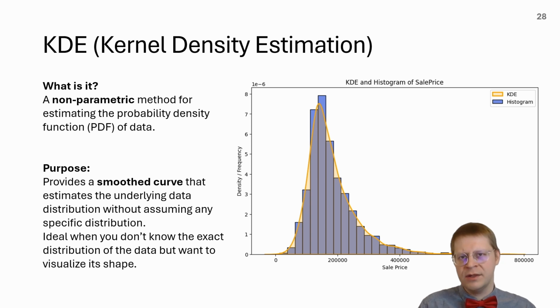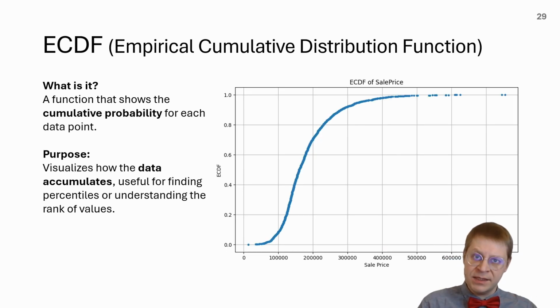guide further analysis. And ECDF, or Empirical Cumulative Distribution Function, plots the cumulative probability of each data point. This visualization shows you how data accumulates over its range, which is incredibly useful for understanding percentiles and the overall spread of the data.